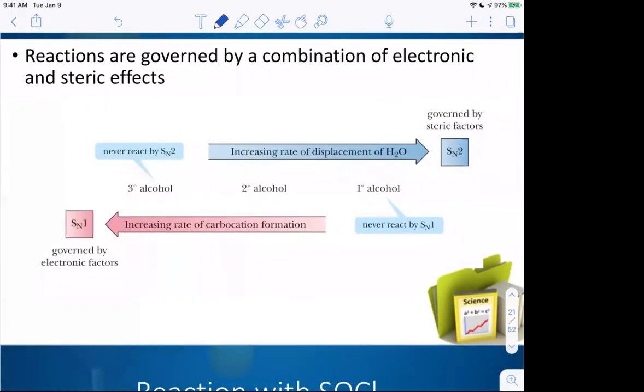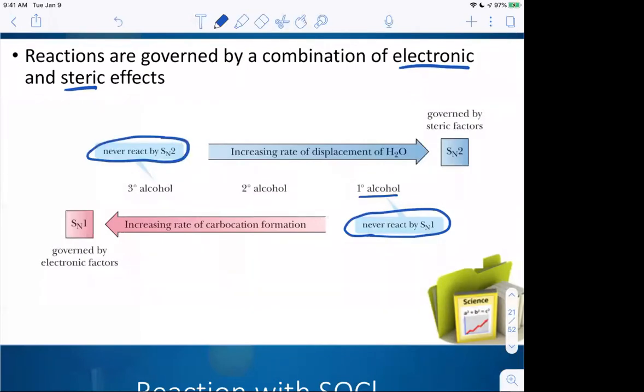So just like we talked about before, the reactions are governed by a combination of electronic and steric effects. If I have a primary alcohol, it'll never react by SN1. It will only react by SN2. If I have a tertiary alcohol, this will never react by SN2.